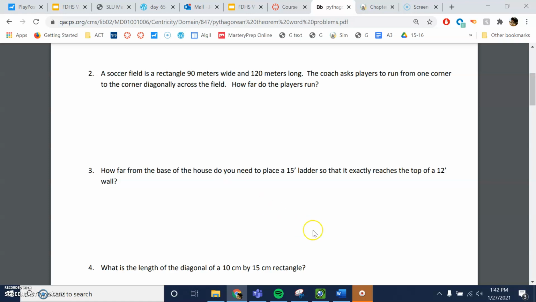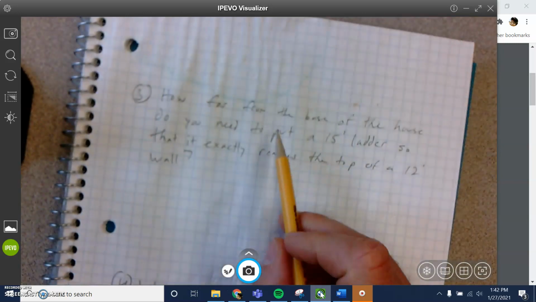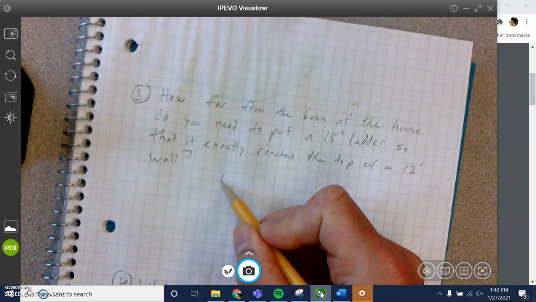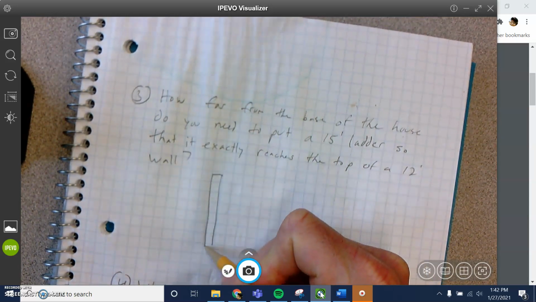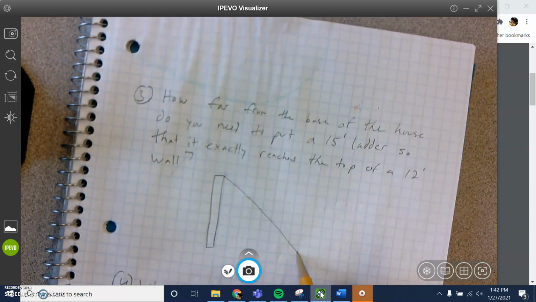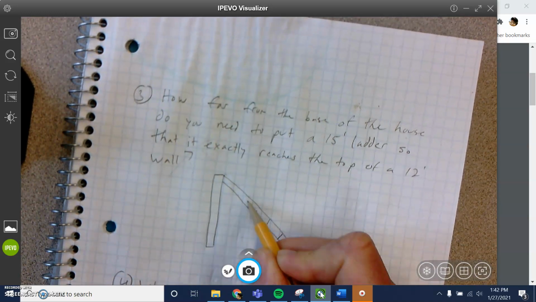All right, let's see what we got. Notice I wrote the problem down. Make sure you wrote the problem down. How far from the base of the house do you need to put a 15-foot ladder? House if you want, whatever. Let's put a wall. Here's the ladder leaning up against it. Most of them just follow this pattern.